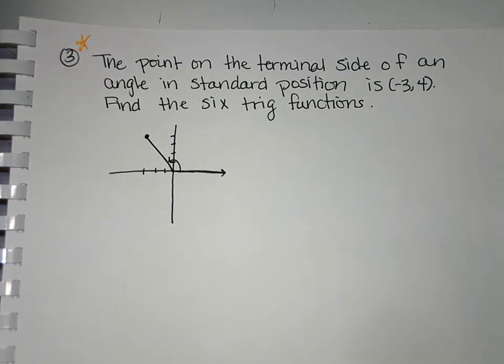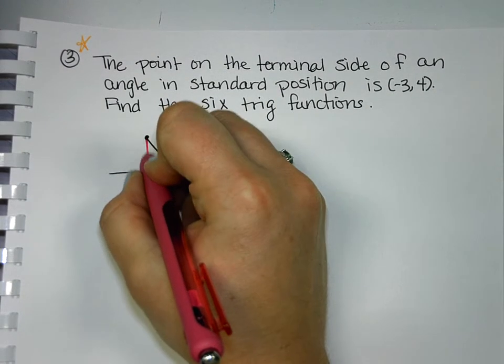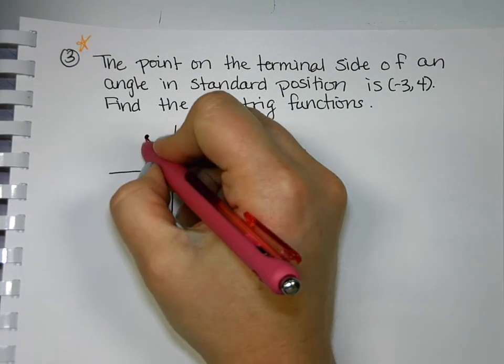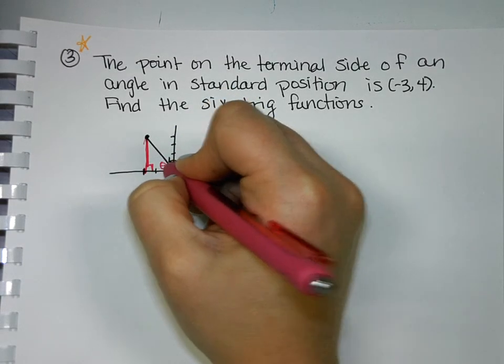So when we look at this, right now this is an obtuse triangle. We don't know how to do that yet. So what we're going to do instead is stick with the right triangles by drawing the vertical line, sorry, that should be hitting at 3, and making a right triangle, with theta being its reference angle.